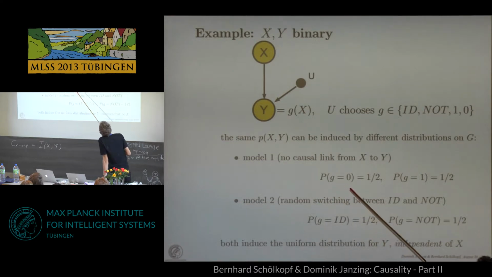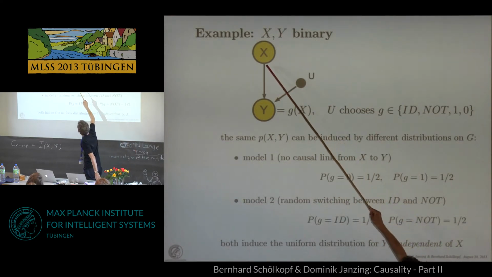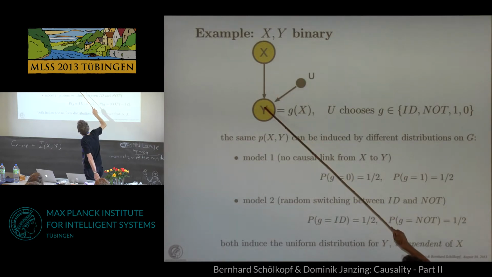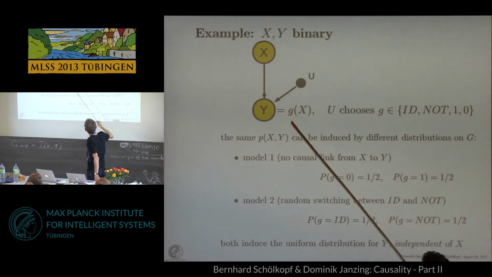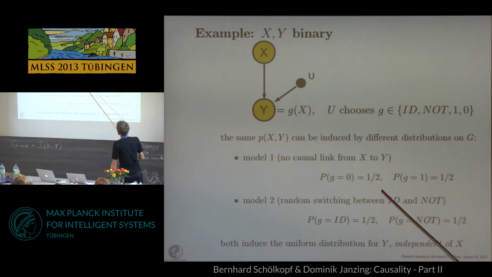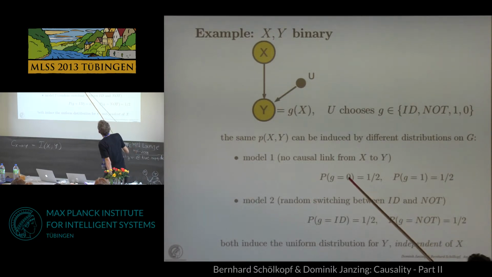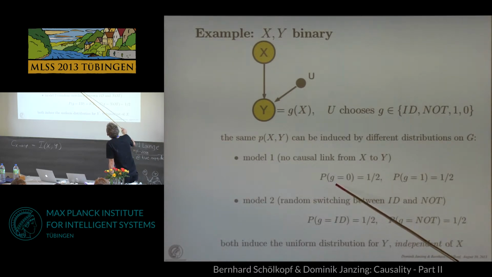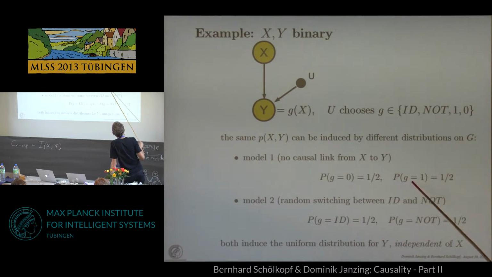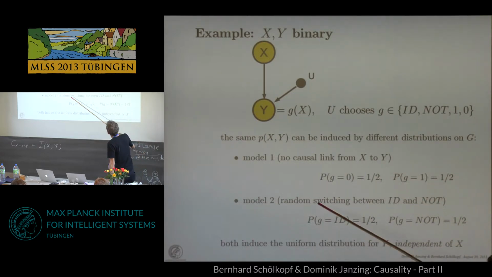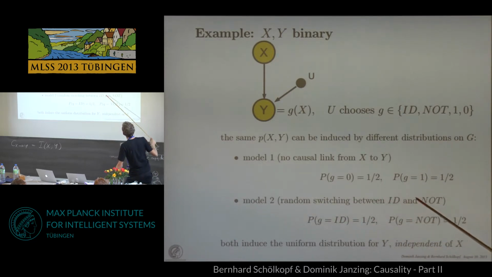Assume, for instance, you observe that there are no dependencies between x and y, and both are uniformly distributed. To generate independent random variables, you can either assign probability 1/2 to the constant function 0 and probability 1/2 to the constant function 1, or you can have a random switching between the identity and not, both with probability 1/2.